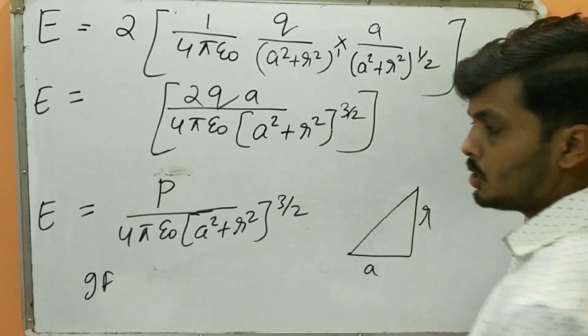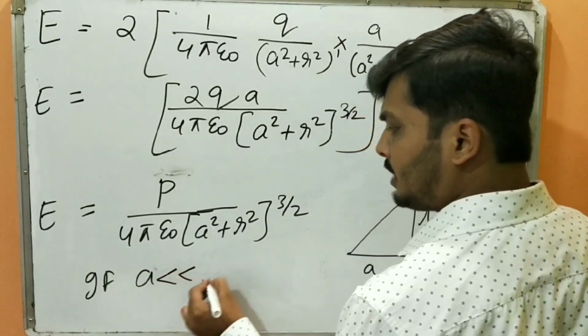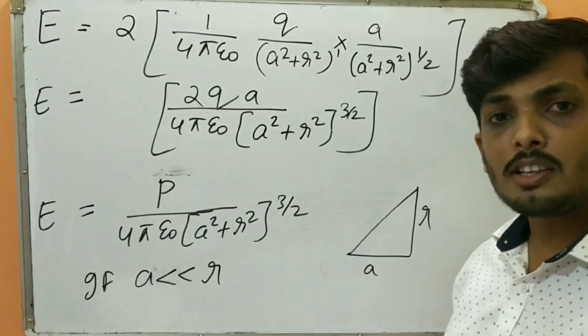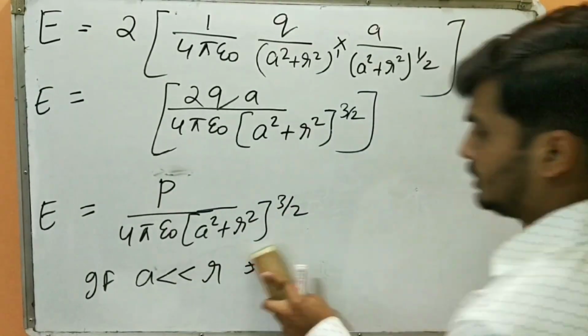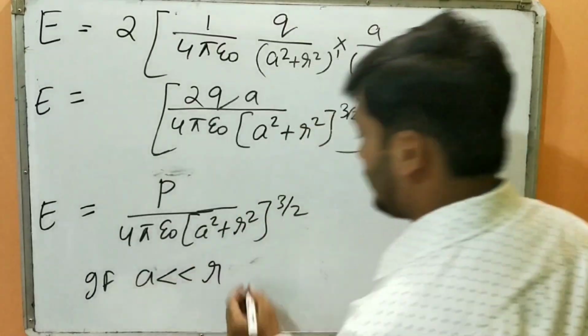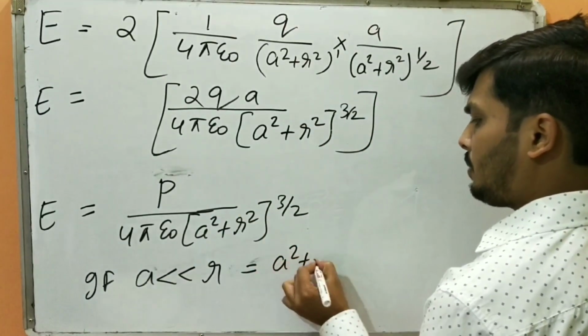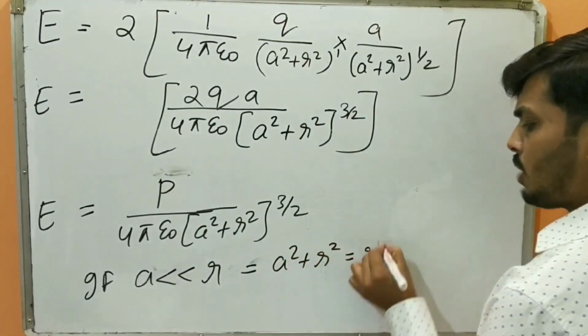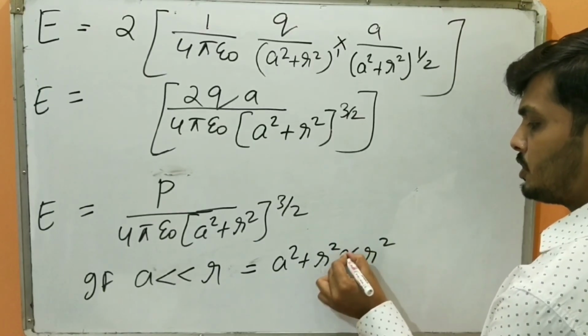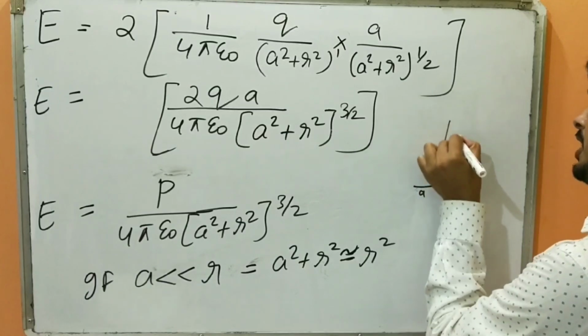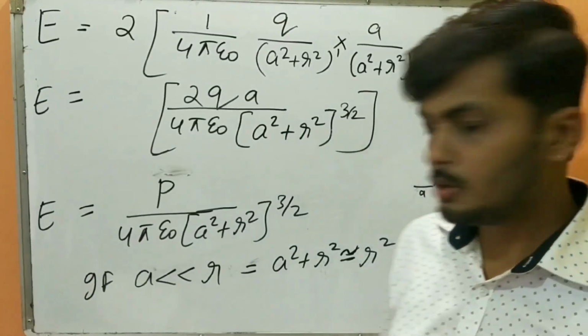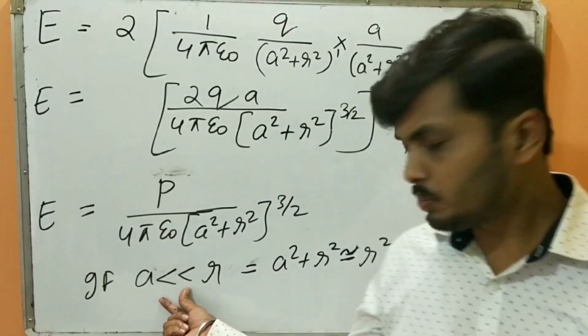Are you understanding? So if a is very much less than r, or r is very much greater than a, then a square plus r square is nearly equal to r square only. See here students, this distance a is negligible compared to this distance r. a is very small here.